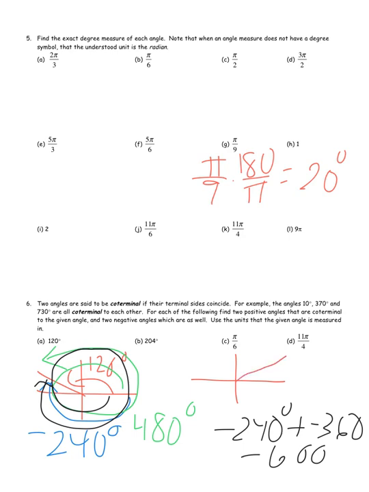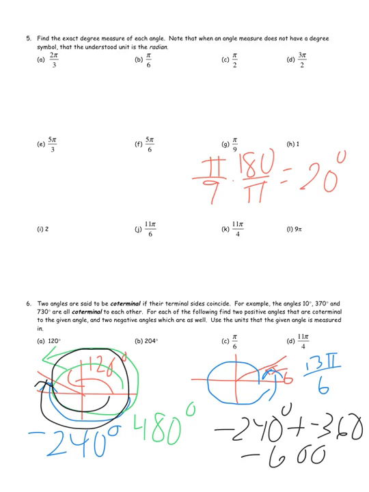So if I've got pi over 6, a positive angle that's coterminal to that would be 2 pi, because that's one full rotation, plus pi over 6, which is 13 pi over 6. And then I could do another rotation out, which would give me 25 pi over 6.